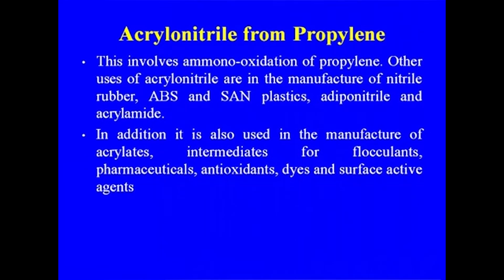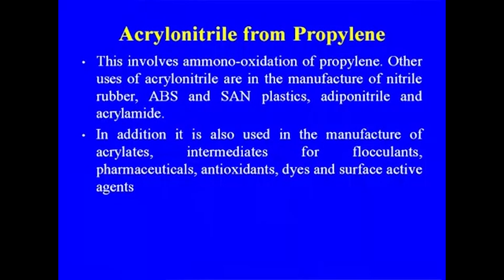Other uses of acrylonitrile are in the manufacture of nitrile rubber, ABS, acrylonitrile butadiene styrene, or the styrene acrylonitrile plastic, adiponitrile and acrylamide. These are the other uses of the acrylonitrile, and one of the major ones is ABS, acrylonitrile butadiene styrene, or the styrene acrylonitrile plastic, and the elastomers also.